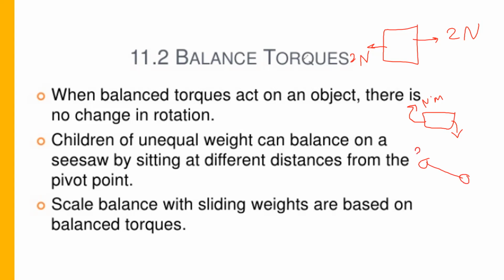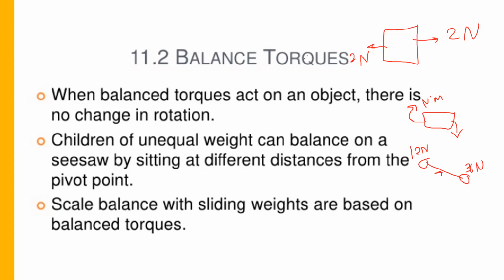The first one's weight is 12 Newton, and the other one is 36 Newton. All of us know that the heavy one will go down and the light one will go up. They are different in weight, but we can make them sit in balance. How? By sitting at different distances from the pivot point.